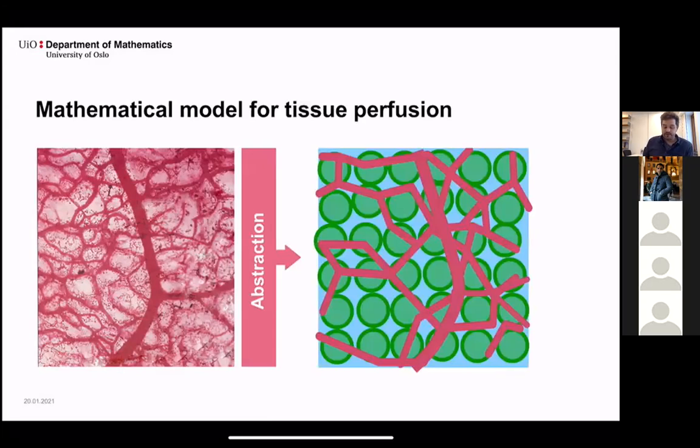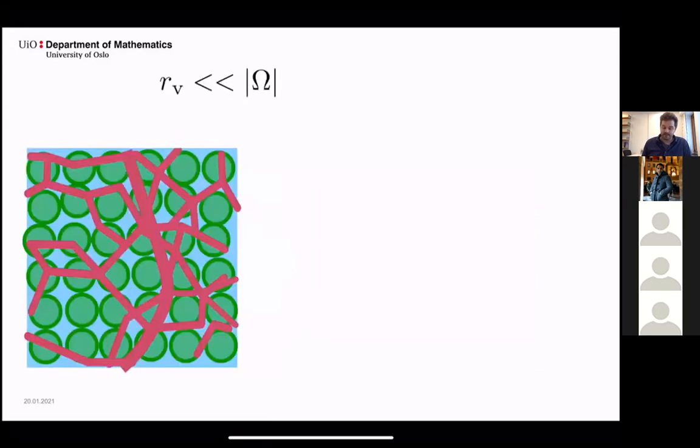And we perform this abstraction and say, okay, these vessels are very interesting features and they form hierarchical networks. So we're going to look at them separately, and then the rest that remains is going to be cells, fibers, and there's interstitial fluid flowing between the cells and the fibers, shown in blue here. And we separate these two conceptually.